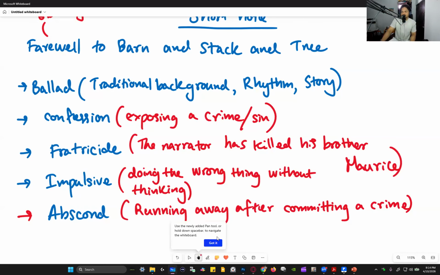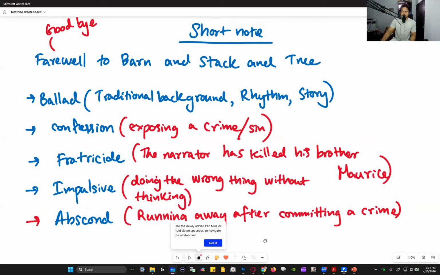If you did not write this down, you can take a screenshot. All of these ideas can be used in the exam without a problem.